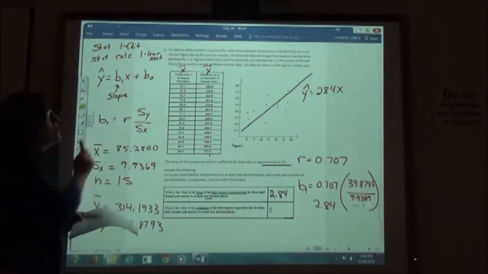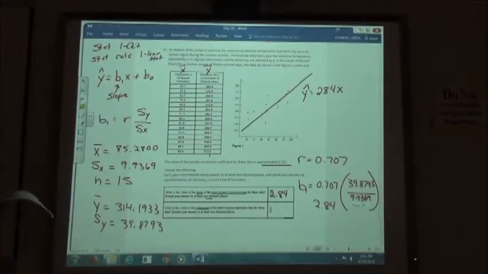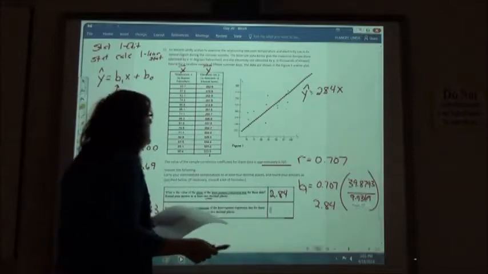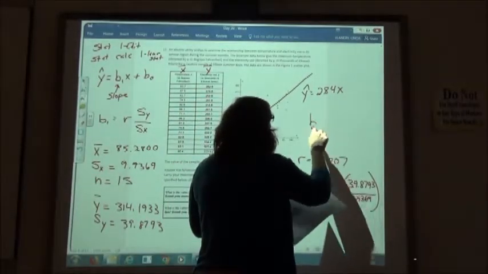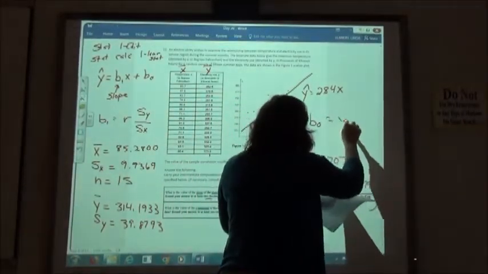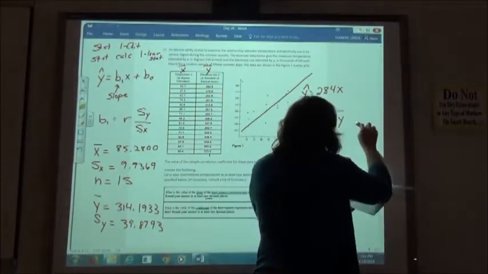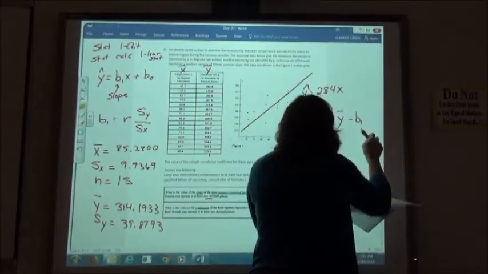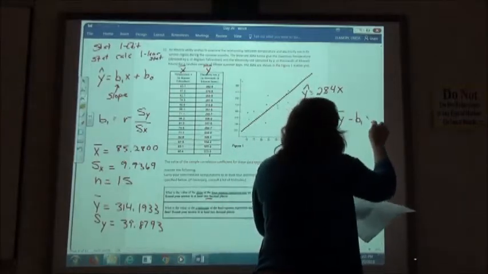Now you're going to find the value for b sub 0. The b sub 0 is your y-intercept of that line. The formula to find b sub 0 is the mean of y minus b1, which is your slope, times the mean of x.